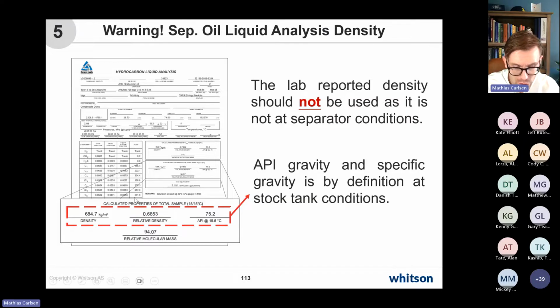They measured the density of a separated fluid and just converted it with this formula to an API number, which doesn't make sense, because when you flash this fluid to stock tank conditions, some gas comes out of the system and you're now dealing with a different composition. So always be aware that the liquid API gravity is a stock tank condition type of metric.